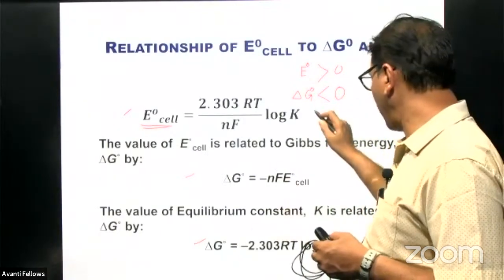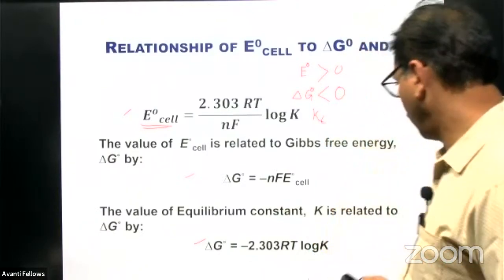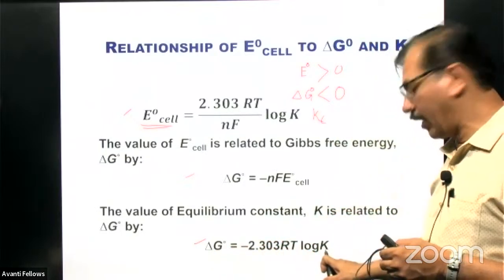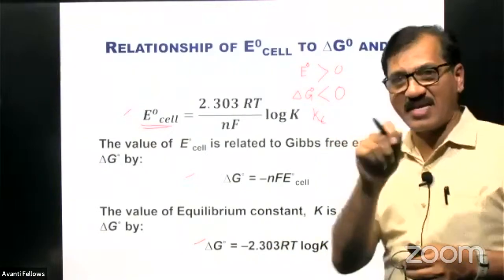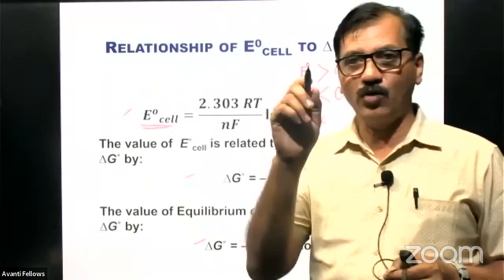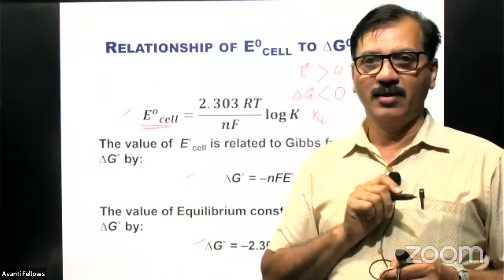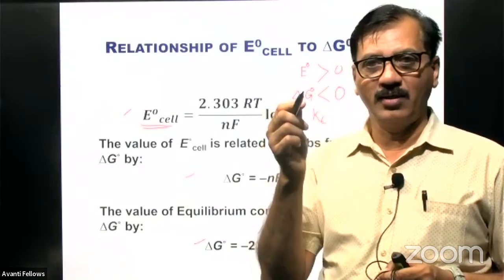And what should be the value of Kc? See here, delta G0 is equal to minus 2.303 RT log of K. If the K value is less than 1, say 0.1, then what is the log of 0.1? 10 to the power minus 1.